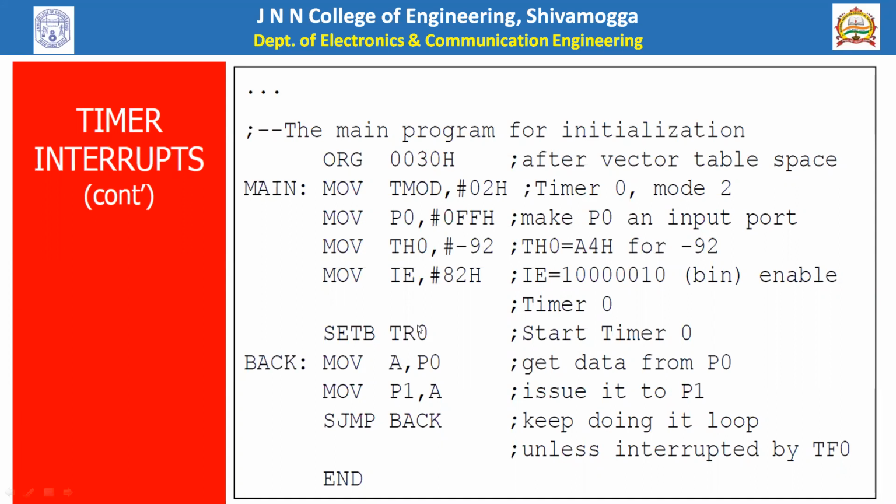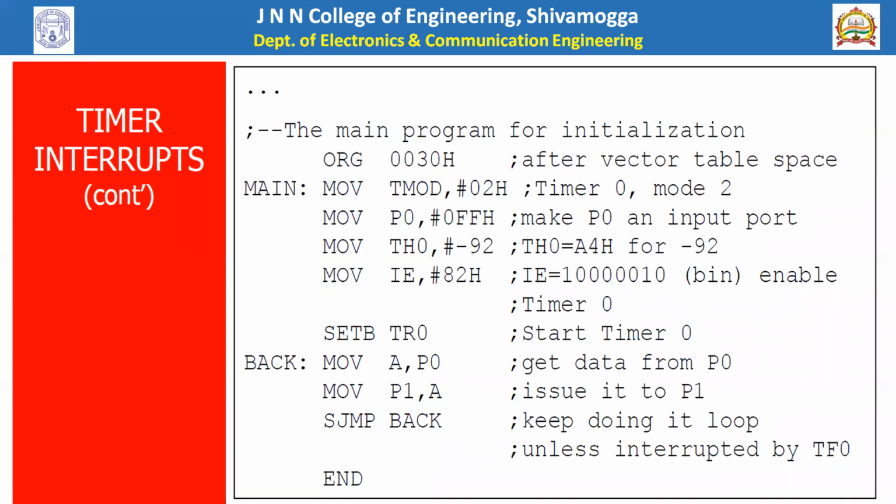When you set TR0, what happens? From TH0 value A4, it increments till FF. When it increments till FF and reloads A4, it automatically generates an interrupt.